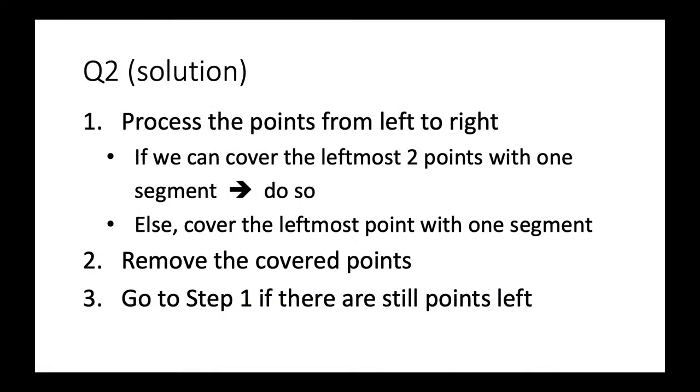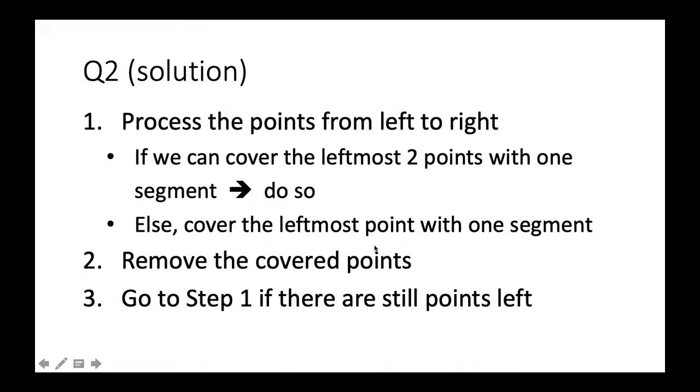Okay, so we can design a greedy algorithm to solve this problem. What we are going to do here is process the points from left to right. If we can cover the leftmost 2 points with just one segment, then we will do so. Otherwise, we will cover the leftmost point with one segment. After this step, either 2 points or 1 point will be covered, and then we will remove the covered point or points.